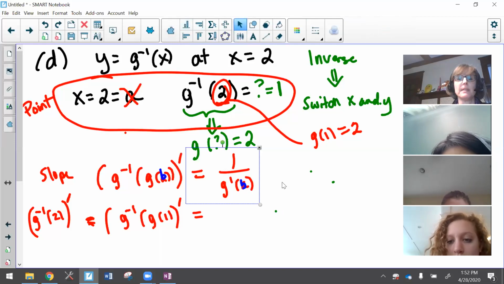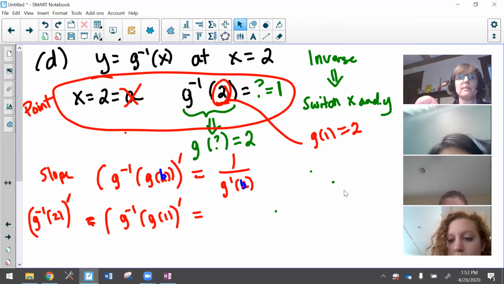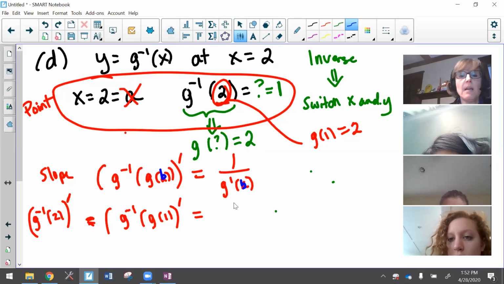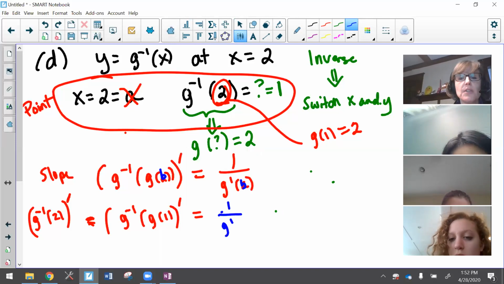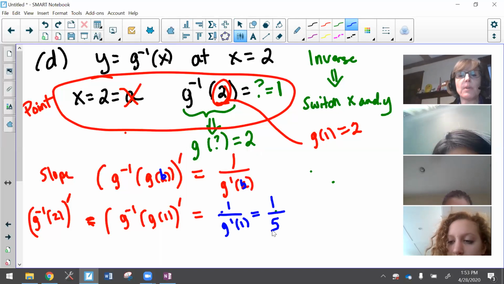Not at all what I wanted to do. That's what I wanted to do. So then this is 1 over g prime of 1, which from the table is 1 over 5.